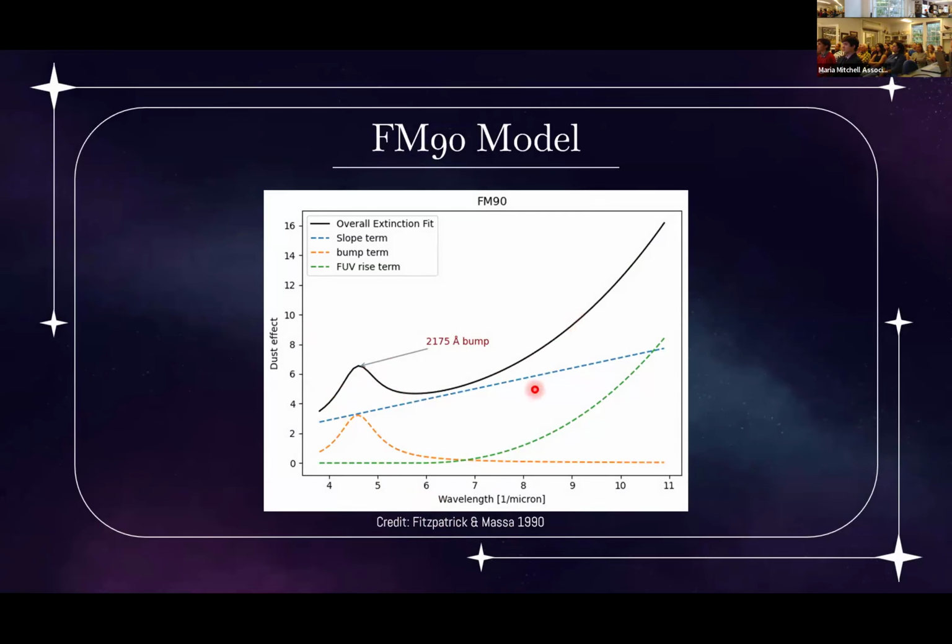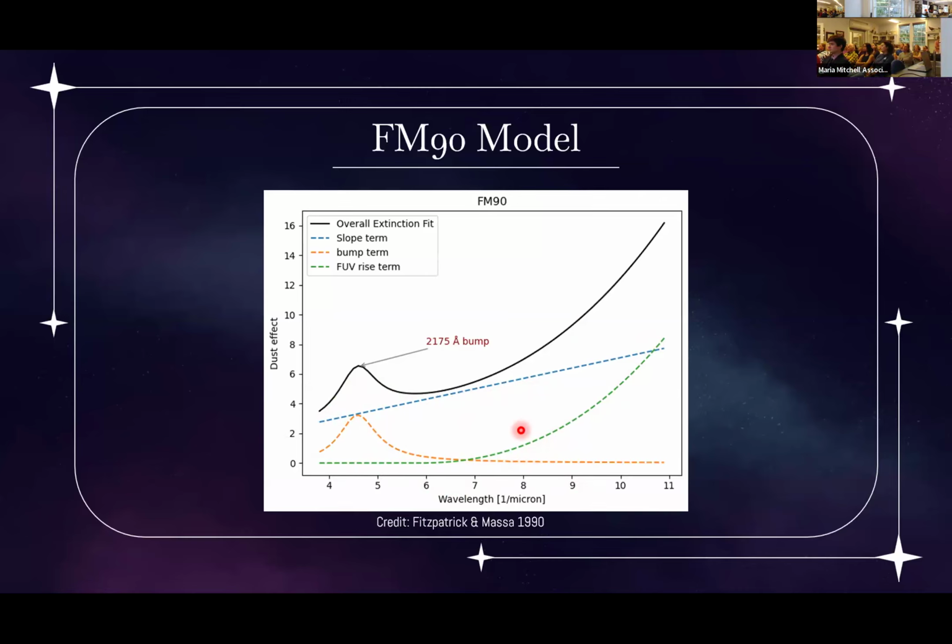The blue line indicates the overall slope or baseline trend, the orange bump is the ultraviolet feature at 2175 angstroms, and the green curve is the far-UV rise caused by very small grains. By adjusting these parameters, FM90 can match very different extinction curves.